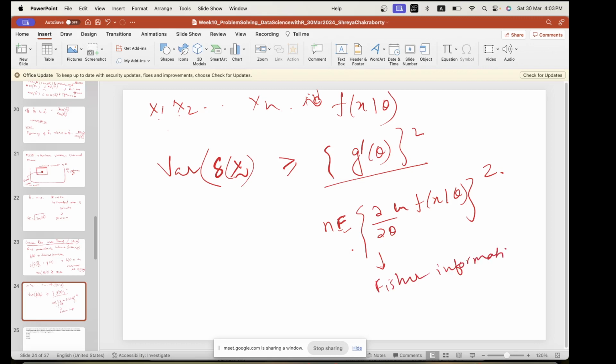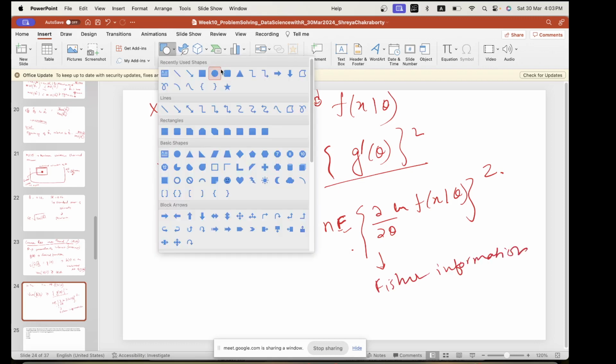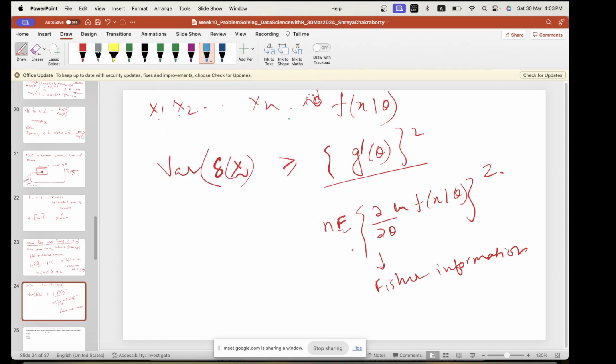This entire thing, the one circled in blue. All right.